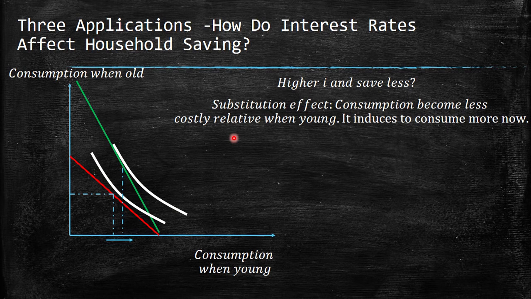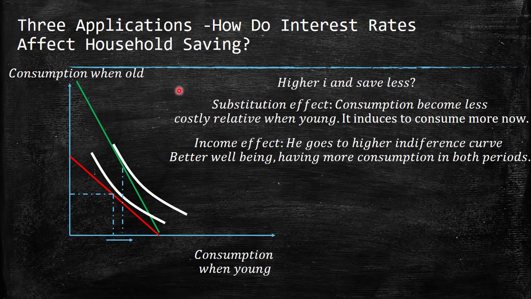Because it's not a really high cost to consume now. So it induces you to consume more now. But the income effect: he goes to a higher indifference curve, and there is better well-being, having more consumption in both periods. So this is the part.